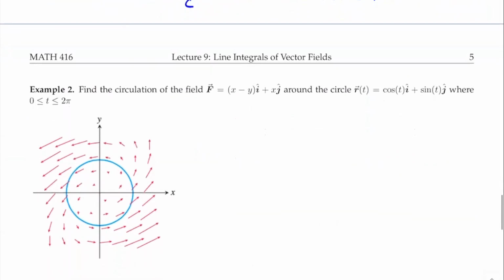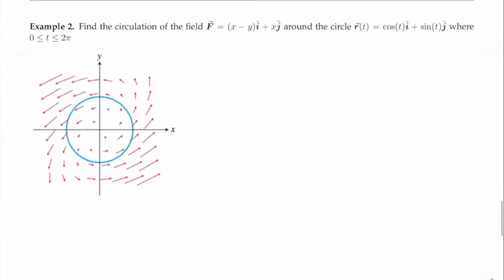Okay. So in example 2, you have the vector field of the form x minus y, comma x, and you want to calculate the circulations along this vector field, along the circle parameterized as cosine of t, sine of t.